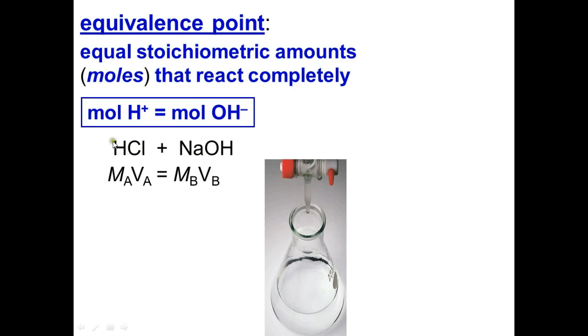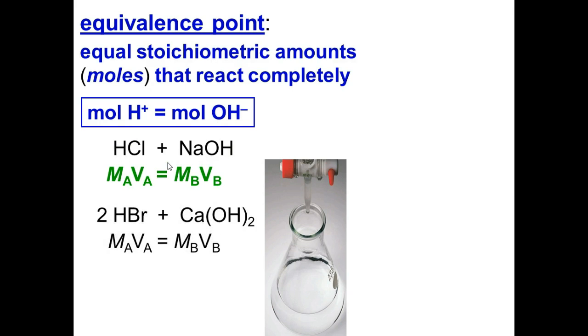So here we have a coefficient of 1 and a coefficient of 1, and there's only one H and one OH here. So this in fact is equal, so we could use this formula. Then in the second one, we have 2 moles of this and 1 mole of this. So this is not equal, and so we can't use this, because remember, to use MAVA equals MBVB, we have to have a 1-to-1 mole ratio like this one.